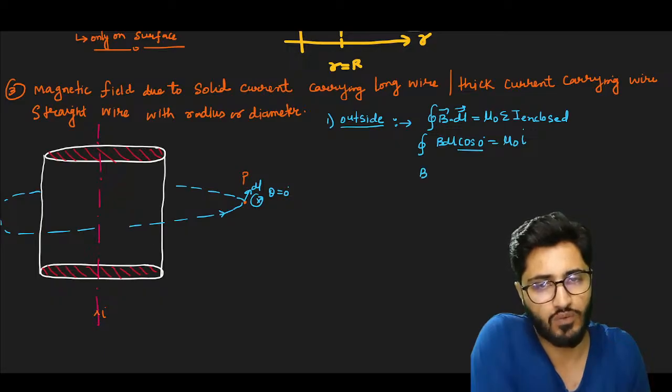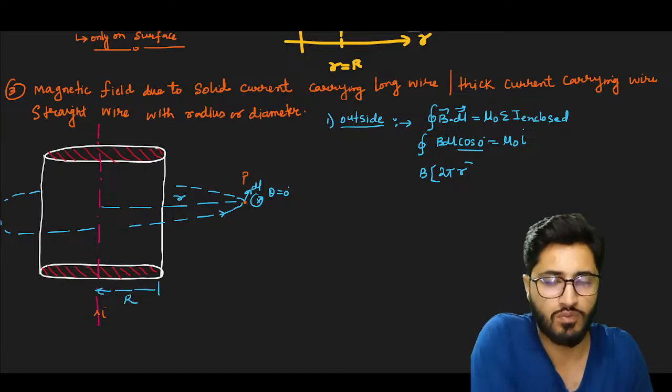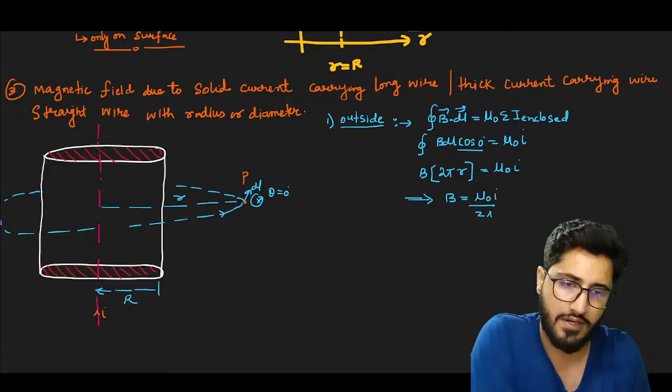I will take B outside. What is dl? It means 2 pi r only. If the distance or the radius of this loop is r, it is B times 2 pi r equals nu naught I, which indicates that outside my magnetic field comes out to be nu naught I divided by 2 pi r, which is proportional to 1 by r.